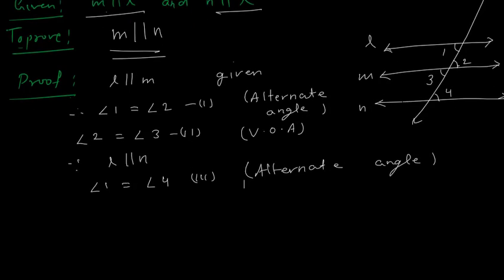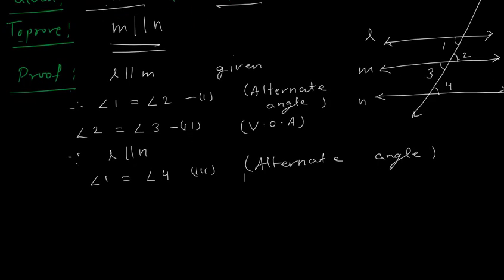Now we have to prove that M and N are parallel. That means we have to prove that angle 3 and angle 4 are equal. What we have to prove? Angle 3 and angle 4 are equal. So 3 and 4 we have to prove they are same. Now in place of angle 2 we can write angle 1.